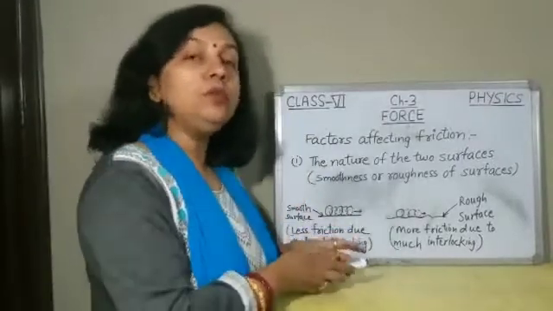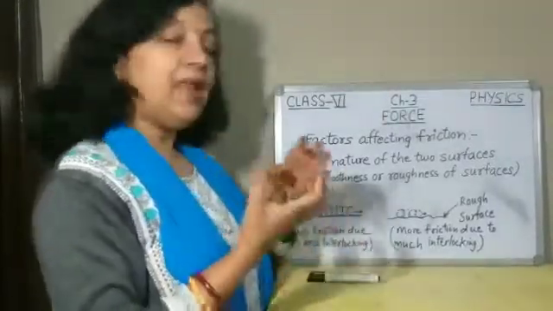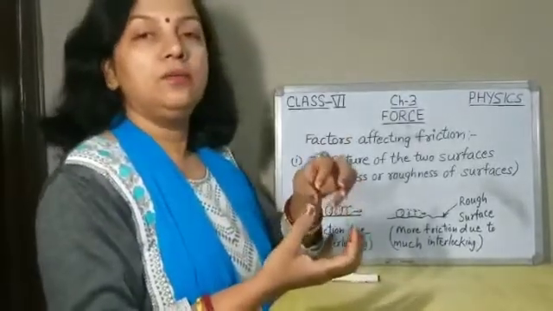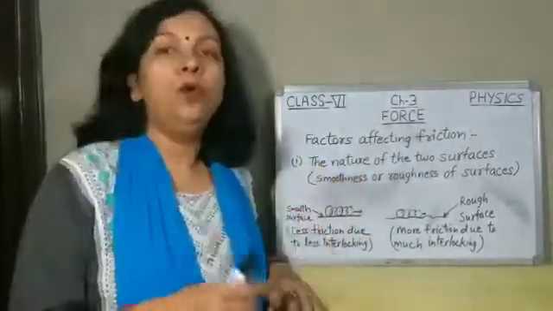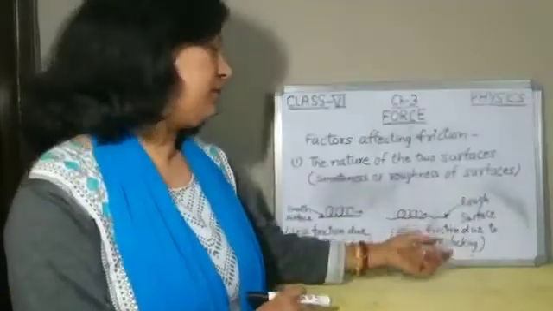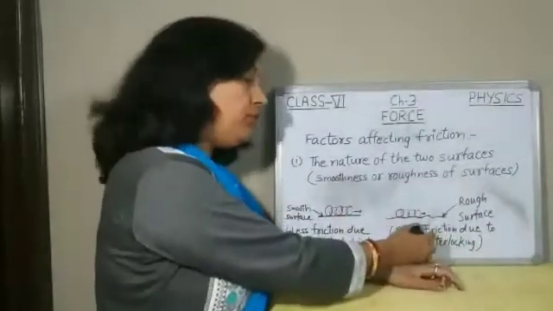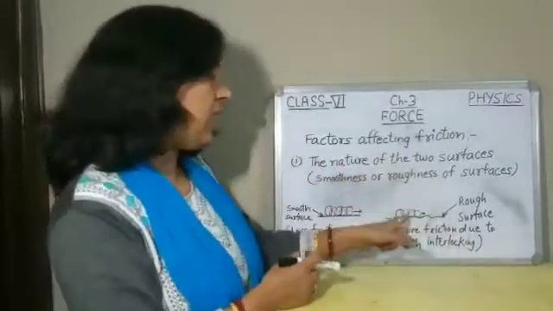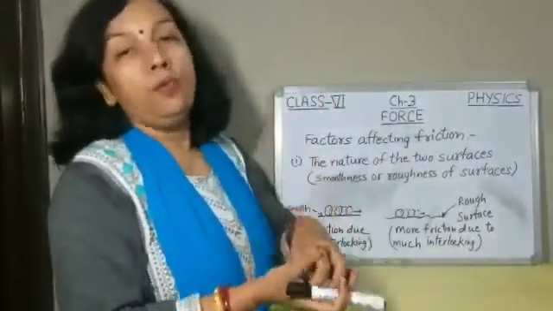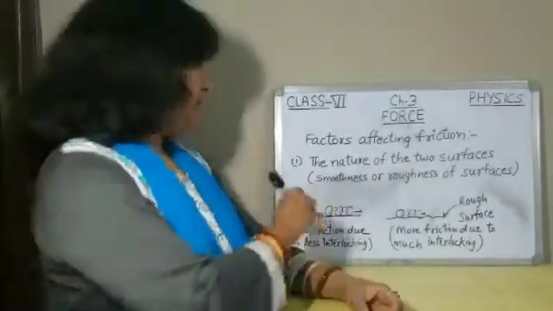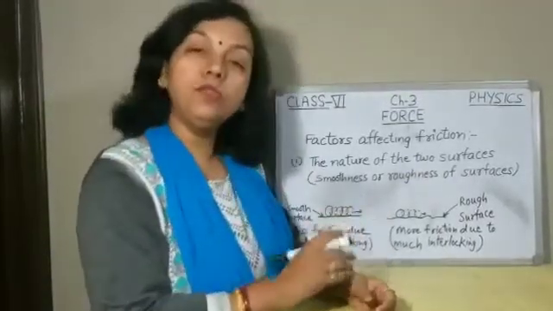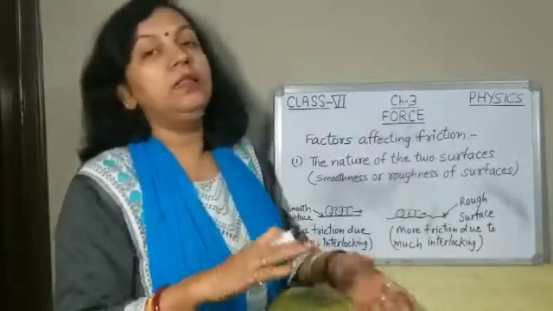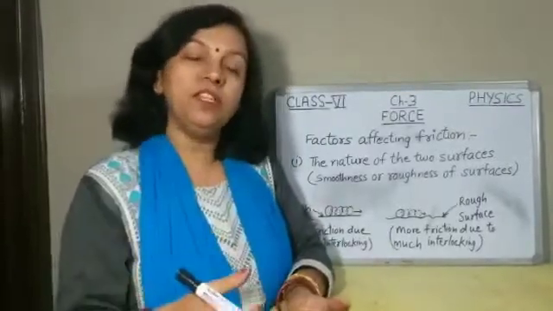A smooth surface has less interlocking with the surface of the ball, while in the case of a rough surface there will be more friction due to much interlocking between the rough surface and the surface of the ball. So if there is a smooth surface, friction will be less, and in rough surfaces friction will be higher.